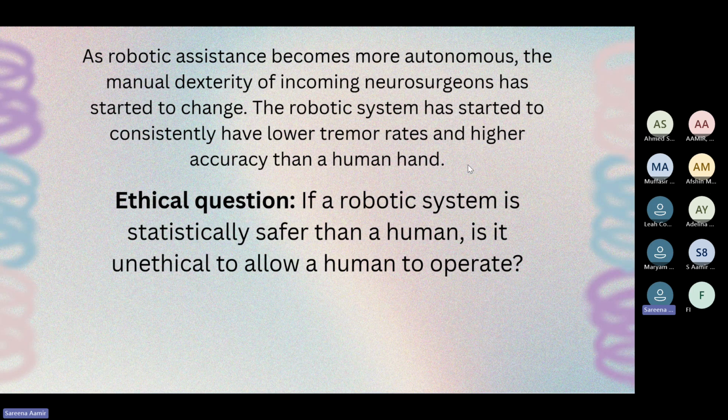Now let's move on to the next question. I'm not too sure on the ethical principles that I would apply, but I believe that allowing a human to operate is not unethical because the robotic system could potentially malfunction at any given time, especially if it's autonomous, as it has a lack of sensitivity and humanity.